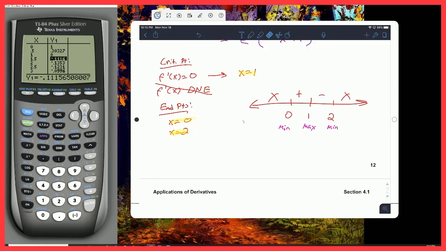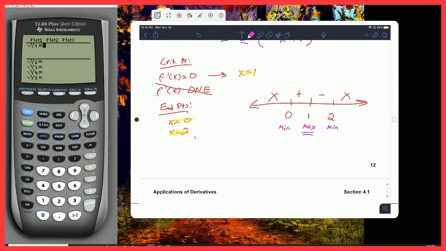In order to question which one is absolute, I have to ask the trusty calculator for help and figure out the function value. But I know that x equals 1 must be my absolute max because I don't have any others, so it has to be the biggest one. The minimum, though, I do need to ask my calculator which one is bigger, 0 or 2.